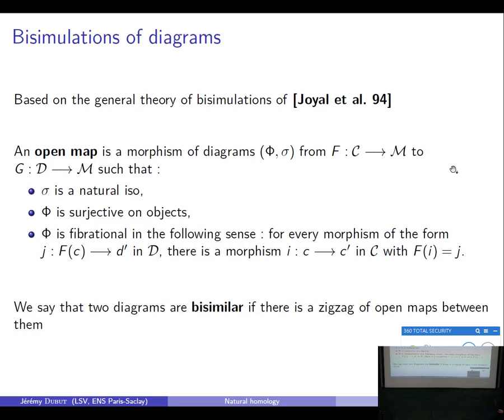Those morphisms will be called open, and they are also pairs where the natural transformation part is an isomorphism, but this time the functorial part is only surjective on objects and fibrational, meaning that it lifts morphisms. And we say that two diagrams are bisimilar if there is a zigzag of such morphisms between them. Actually, we can prove that only a span is needed.